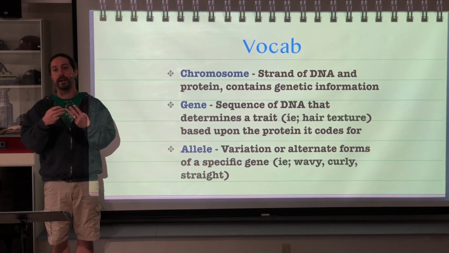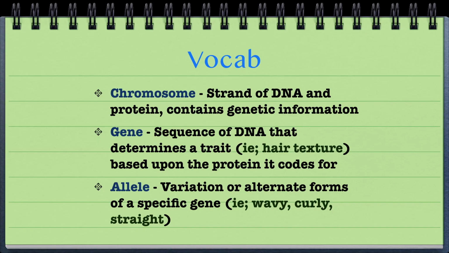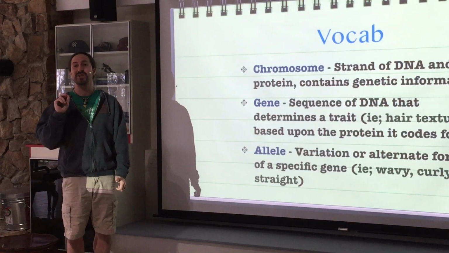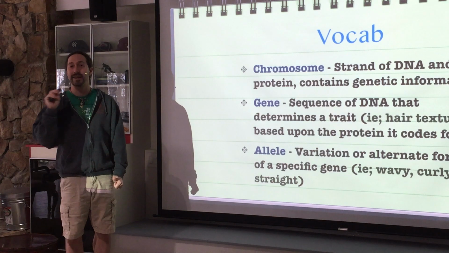Each different allele codes for a slightly different protein, which is then going to result in a slightly different aspect of that same trait. Or that trait, even though it's controlled by the same gene, might appear slightly different because of the variations within that gene.